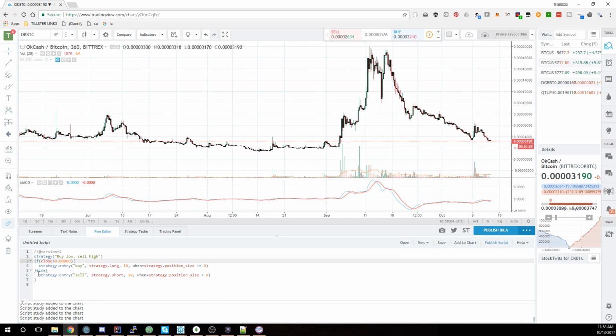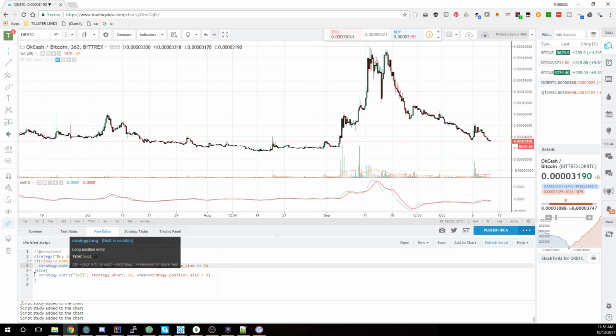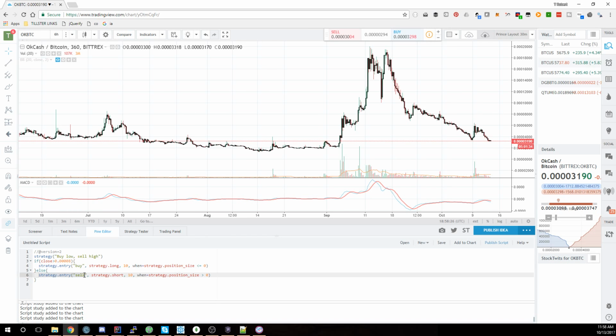So I'm saying, was the close of this candle greater than 0.008? If so, buy. But only buy when my position size is 0. Means I haven't bought yet. Otherwise, I'm going to buy 10. Otherwise, what I want to do is sell.